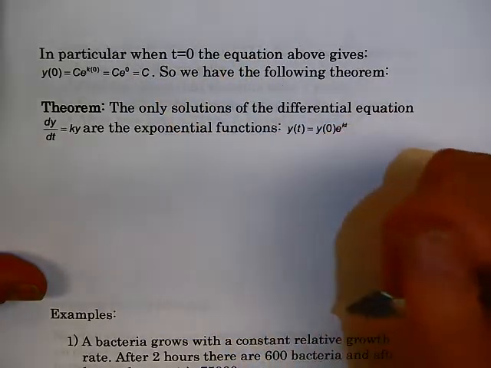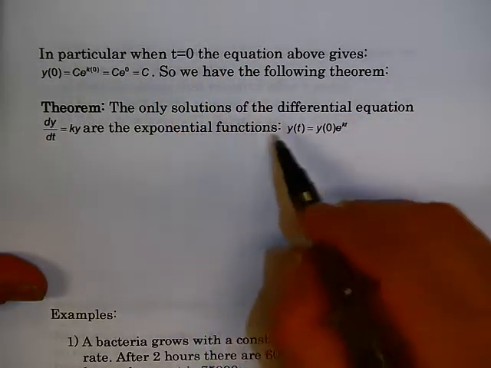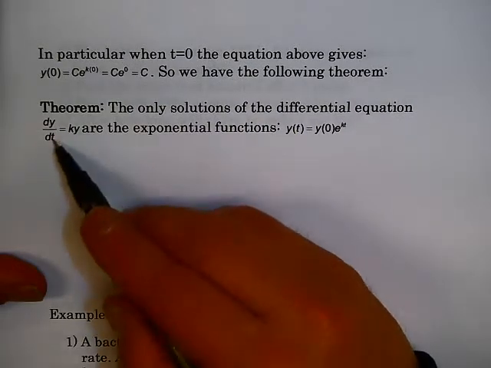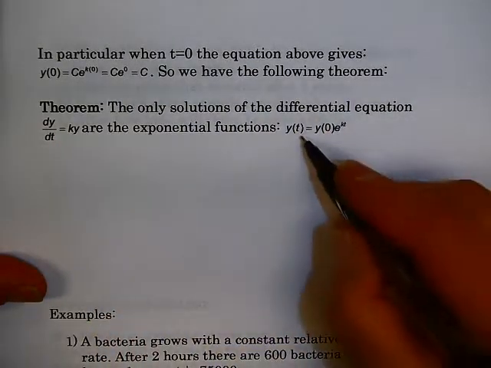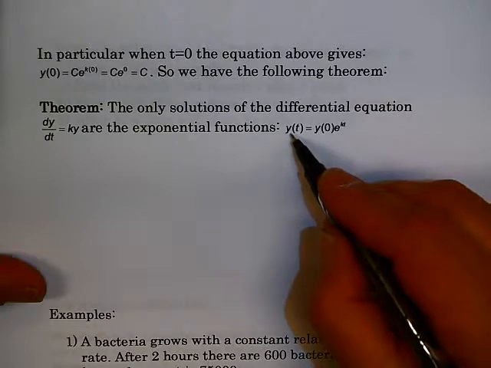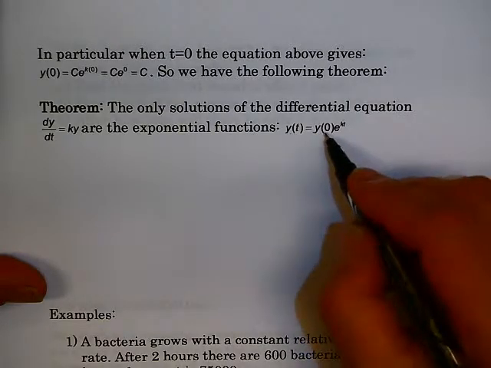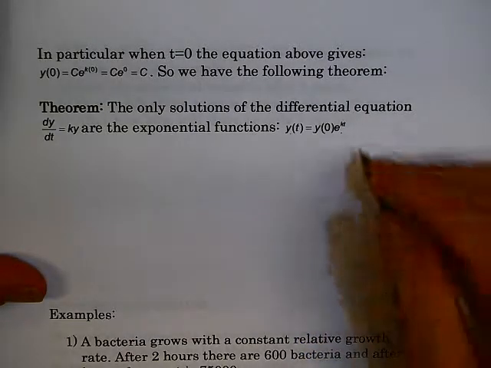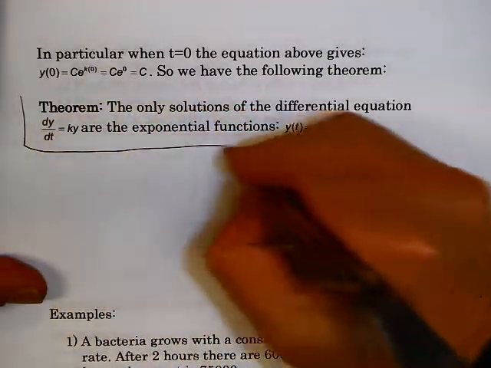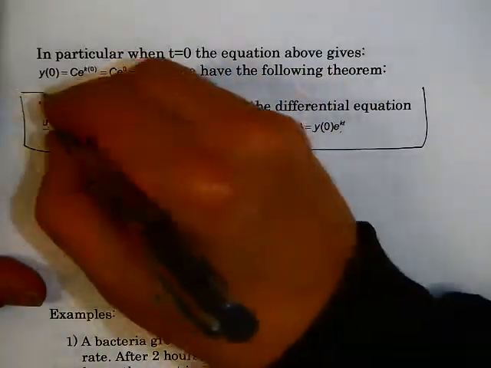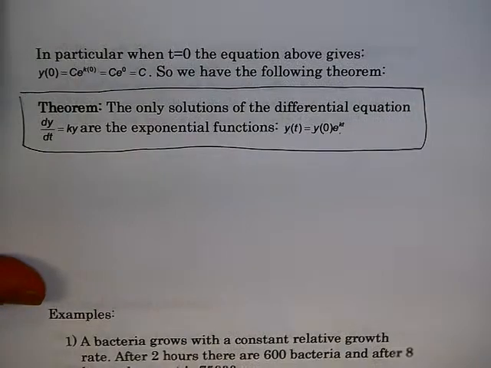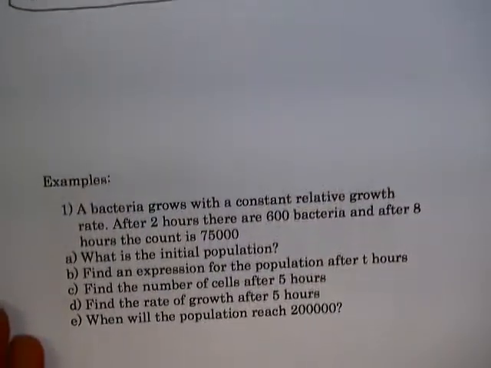So we have the following theorem. The only solutions to the differential equation dy/dt equals ky are the exponential functions y of t equals y0 e to the kt. This is so useful that we're going to do some application problems that are based on this. So let's look at this.